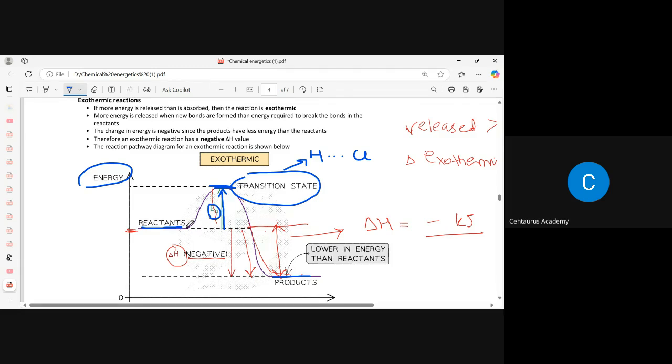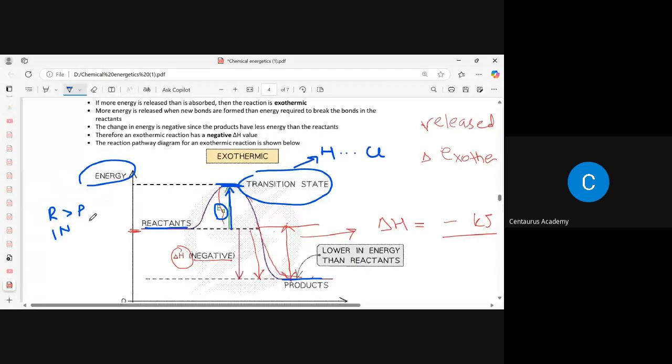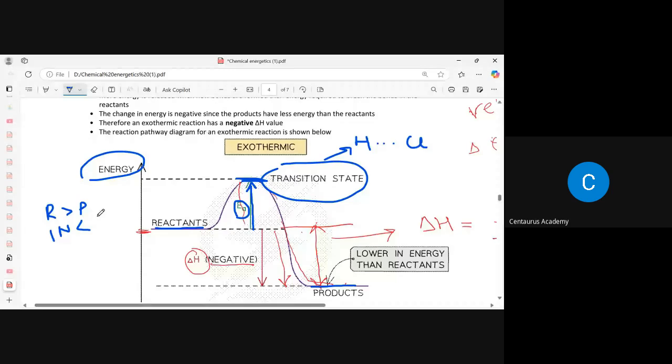In this energy profile diagram, the reactants have greater energy as compared to the products. The activation energy is also very small. This means that the reactants already possess a greater amount of energy, and less energy is taken in as compared to what is given out. How do we say that? We notice that the overall energy change, or the enthalpy change, is always between the reactants and the products.